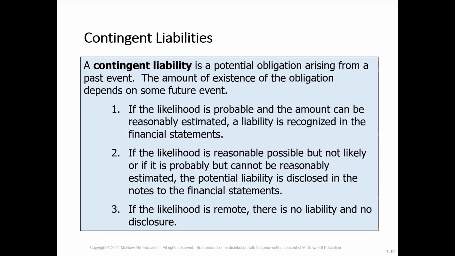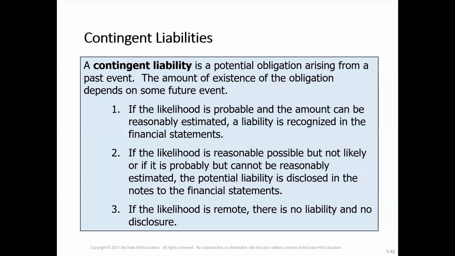But if the likelihood of the company having an obligation due to some sort of event that we don't know yet because that event has not happened. Say we have a lawsuit, we haven't gone to court yet for that lawsuit.